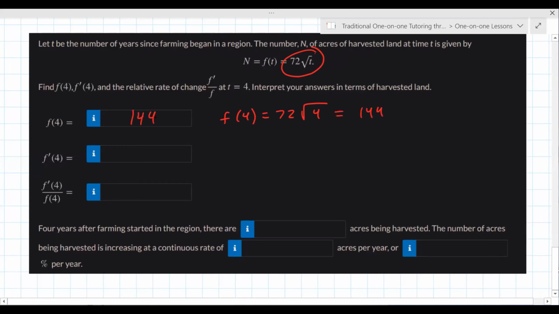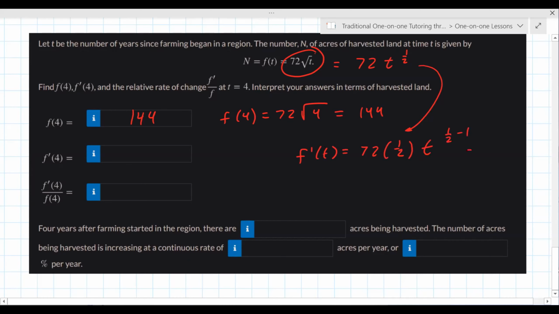Now to do f prime of 4, you need the derivative. There's a small rewrite that you might do here, 72t to the 1/2 power. So when you want to find f prime of t, you take that exponent 1/2, t to the 1/2 minus 1.